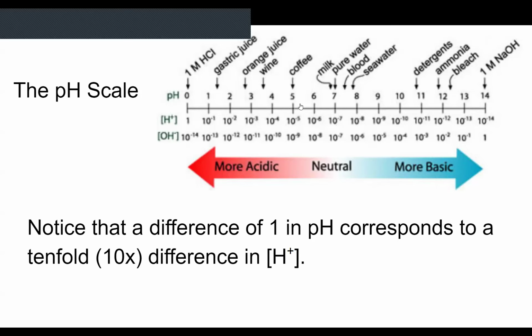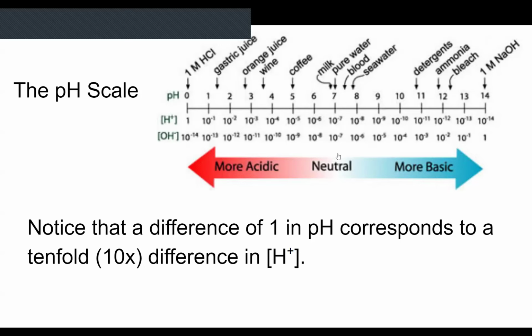Take an acidic solution, something with a pH less than 7, like coffee. The hydrogen ion concentration 10 to the negative 5th is a bigger number than the hydroxide ion, 10 to the negative 9th. Take a base like detergent with a pH of 11. The hydrogen ion concentration 10 to the negative 11th is a much smaller number than the hydroxide ion concentration of 10 to the negative 3rd.